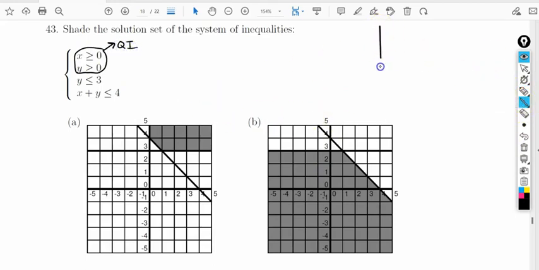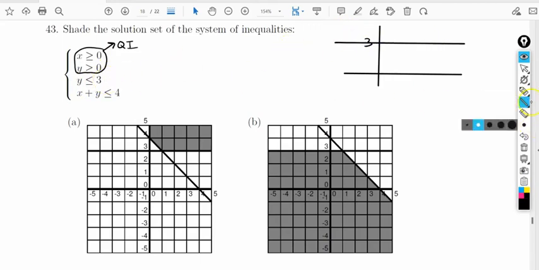Now, the line y equals 3 is a horizontal line going through 3. And this here tells us we want the line, so it's going to be on and below.